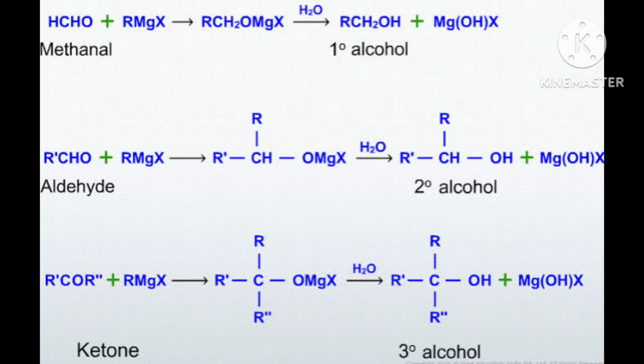You will get an alcohol, because in propanone the OH gets attached to the central carbon. The left side has a methyl carbon and the right side has a methyl carbon, so two methyl groups are already attached. The third methyl group came from the Grignard reagent, CH3.